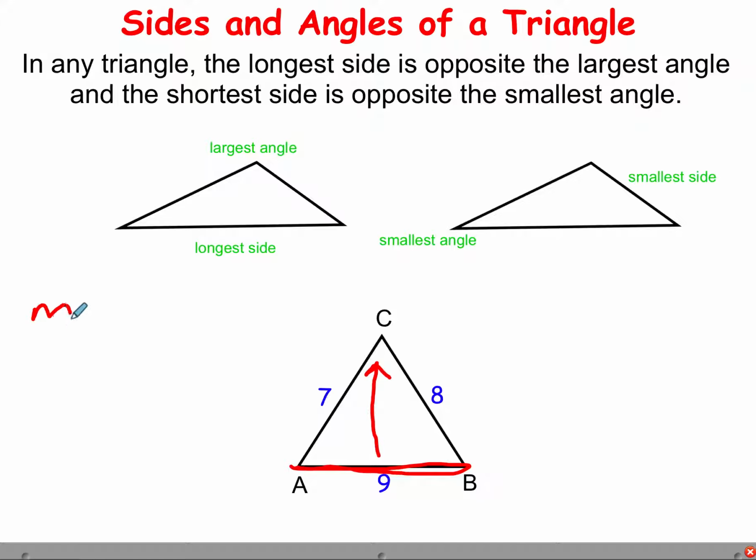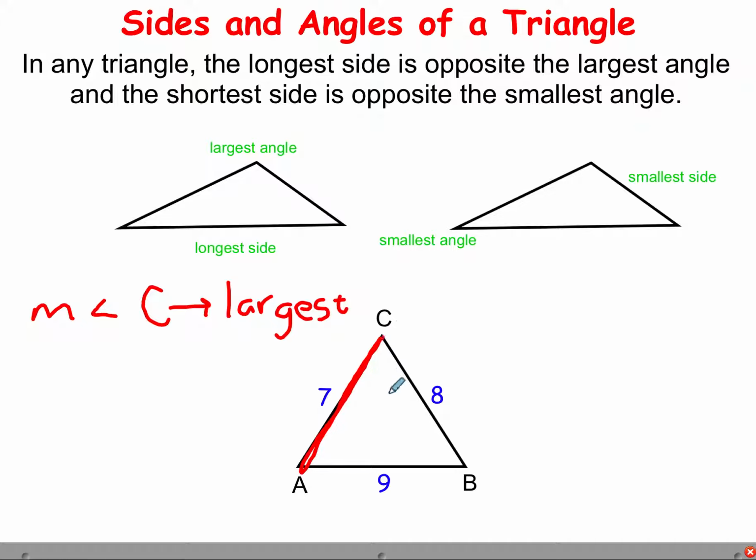So the measure of angle C is the largest angle. And because this side right here, side AC, is the shortest, the angle opposite that, which is angle B, will be the smallest angle in this triangle.